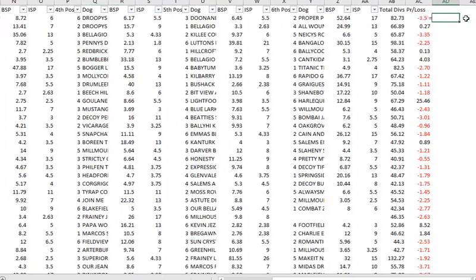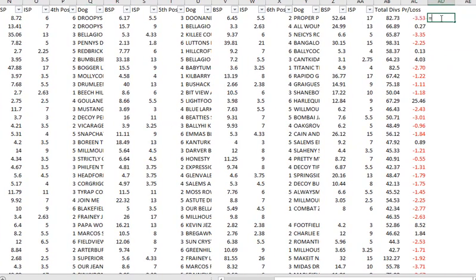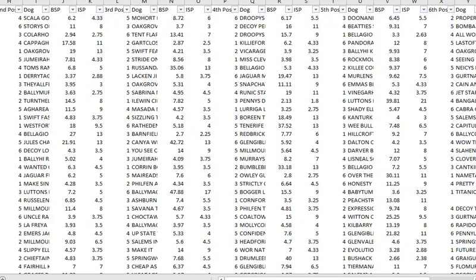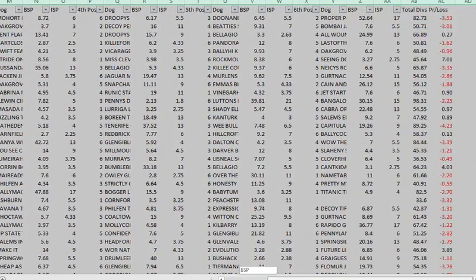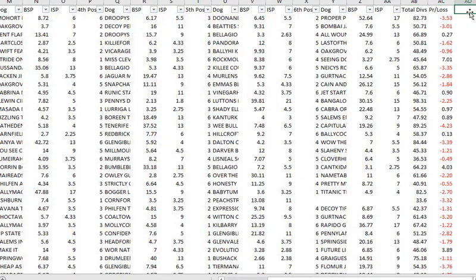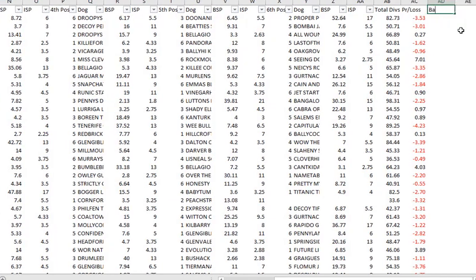I've just sorted by race time, so we're going to go from the first race of the day right through to the last race of the day. And I'll just put this bank, for example.